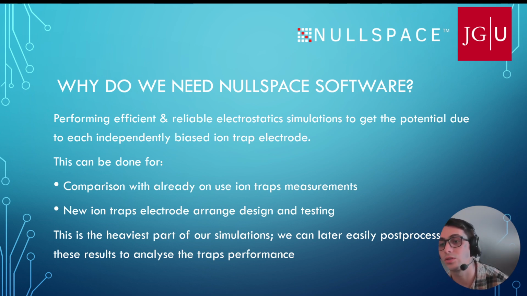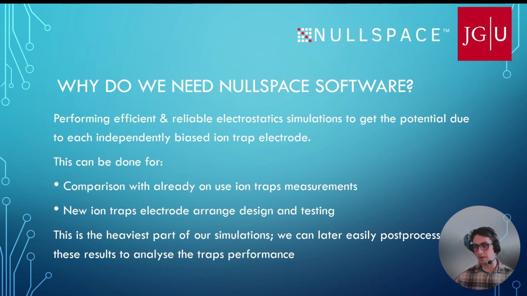But we can also use it to design new potential trap shapes, because, as I will show you now, we can really easily change the dimensions of the electrodes and get the potentials. The heaviest part of the simulation is to obtain the electrostatic potential for each of the electrodes. Then we can easily post-process to get the more specific results that we would like to have.